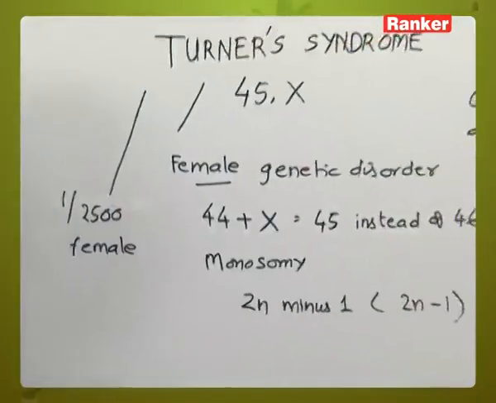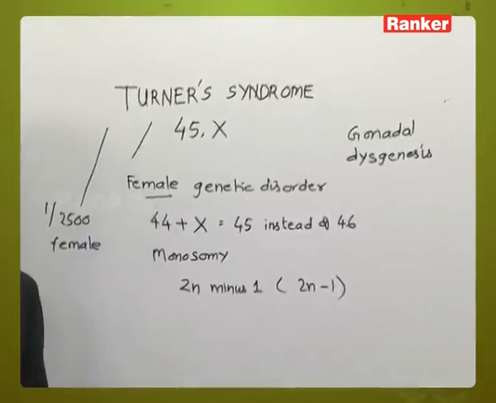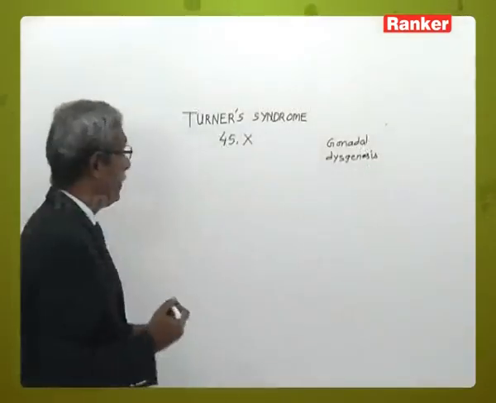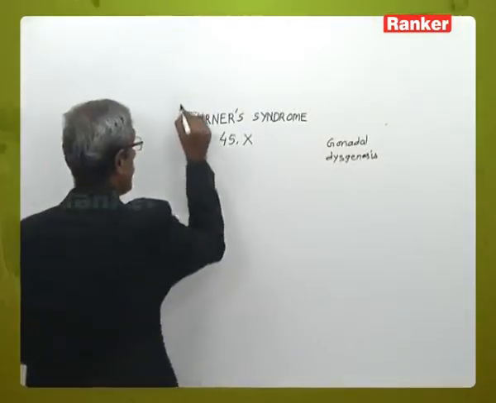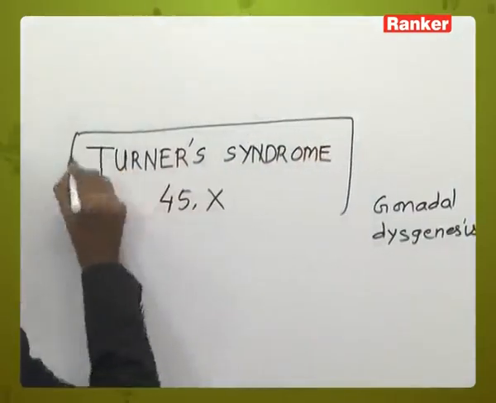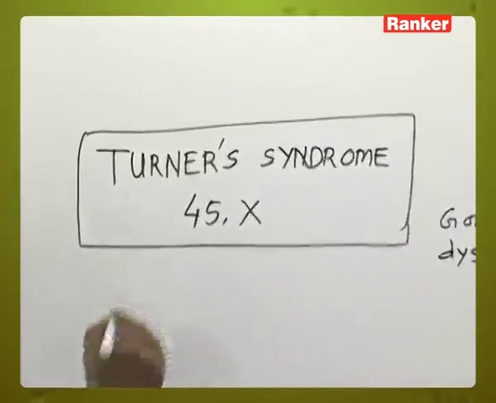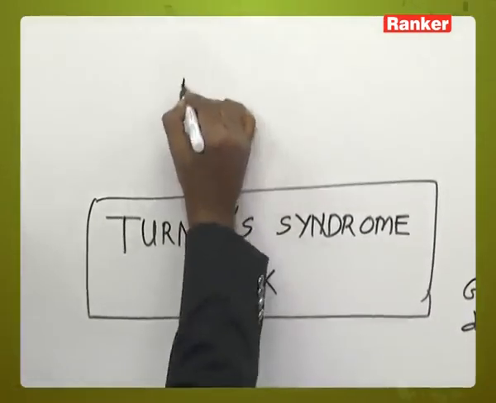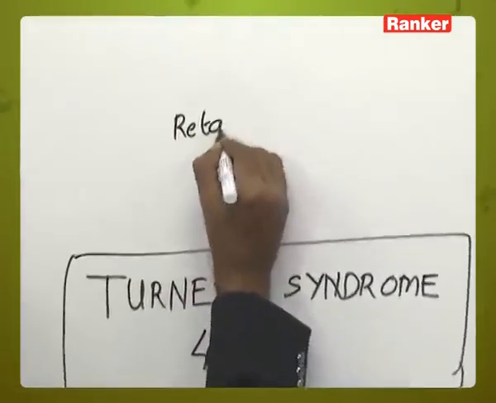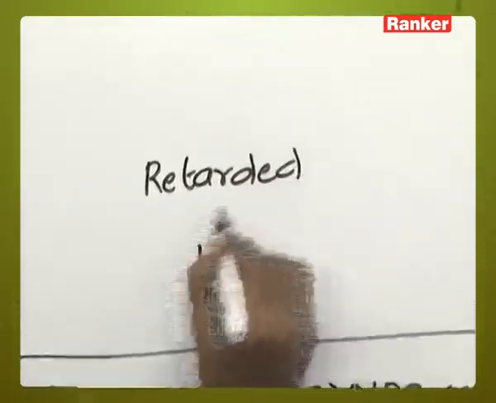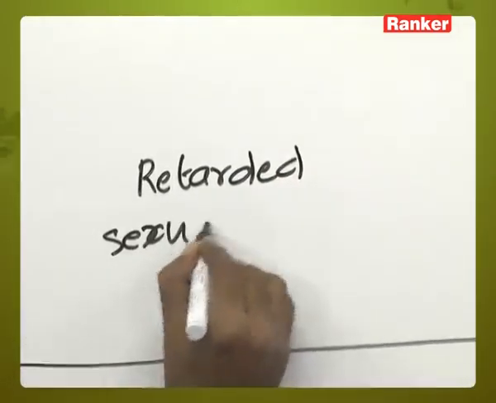Now, what are the basic clinical features of Turner syndrome? They show retarded sexual development.